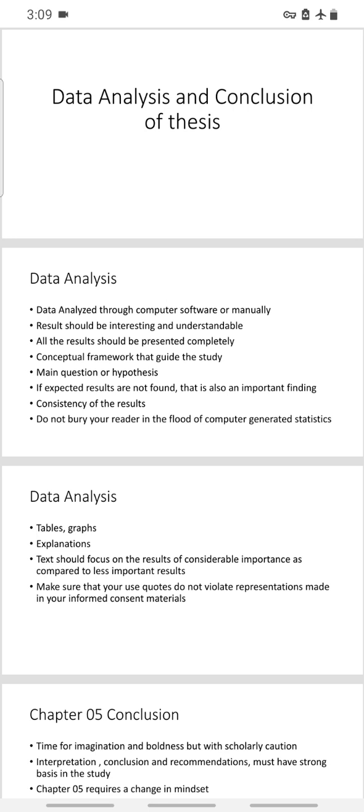Regarding data analysis, I will give you an example here. Let's say your research tool has been a questionnaire, and you have collected quantitative and qualitative data by distributing it to your respondents. We all know that research tools are different.